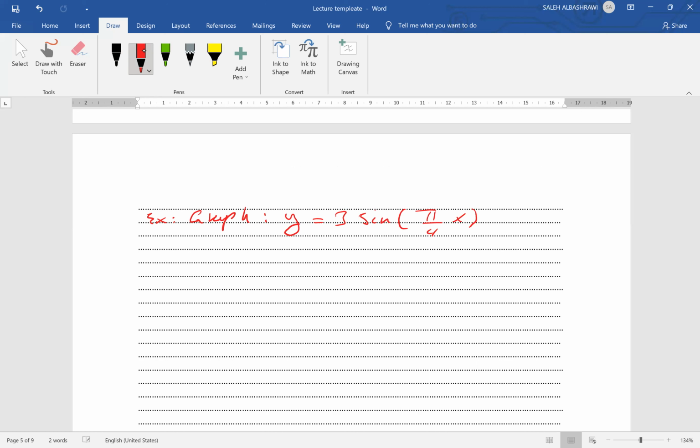And we need to graph this using only one full period. So number 1, let's find A and B first. What is A and what is B? A equals 3. B, if we just move x, I will have pi over 4.